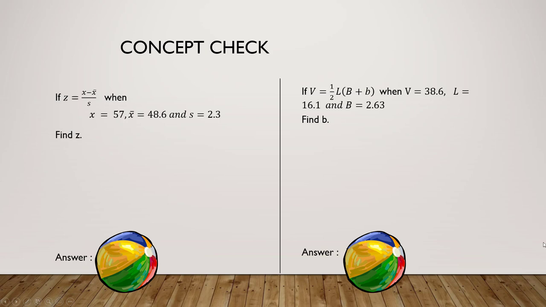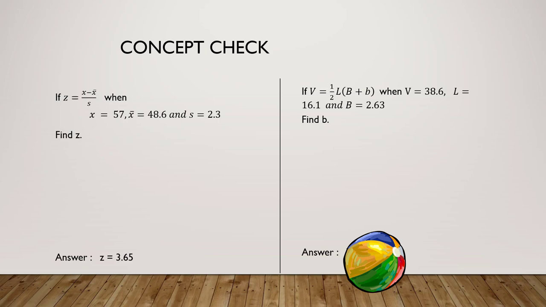On the next one, we again have a concept check. Please look at the first sample problem here. Pause your video and resume when you're ready to check your answer. The answer to the first example is that z is equal to 3.65. If you're ready to complete the second example, please note that you're solving for the little b.